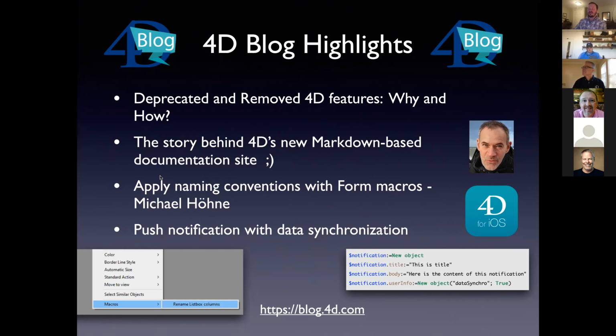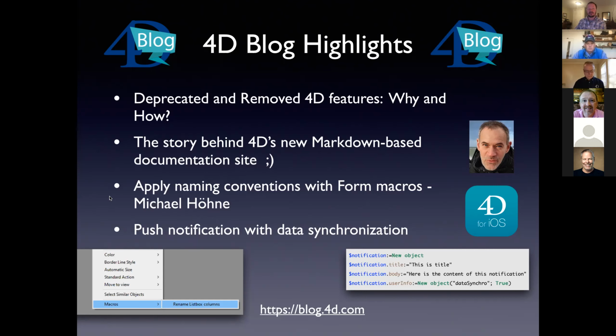Yeah, he's new to 4D, but he actually did a really good job of walking us through how to take advantage of the new form macros and how to write one specifically that renames all of the object names related to a list box, which can become tiresome because there's so many names.